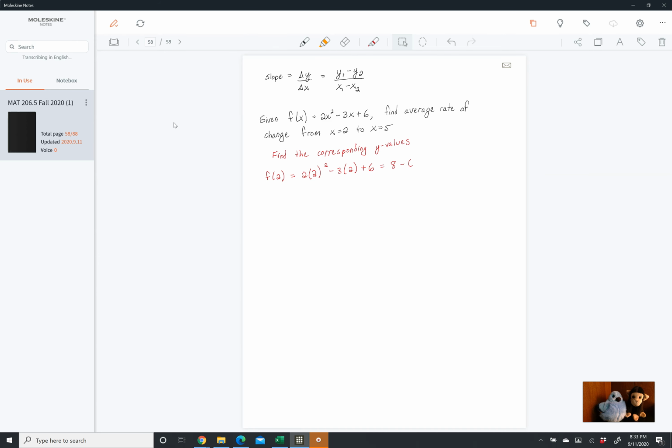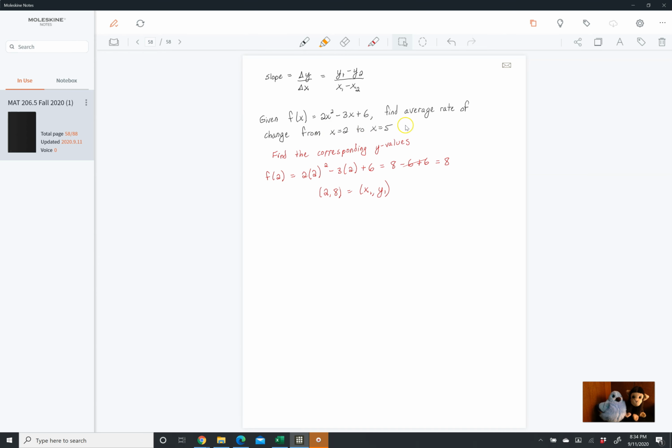Then we have minus 6, because 3 times 2 is 6, plus 6. Okay, 6's will cancel, and we get 8 here. So this gives us a point, actually. This gives us the point (2, 8).